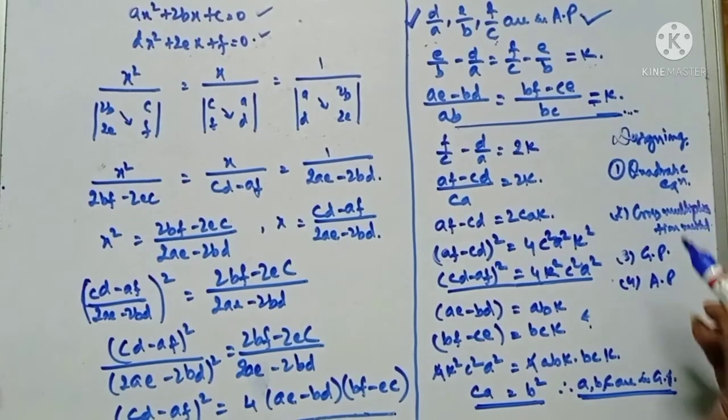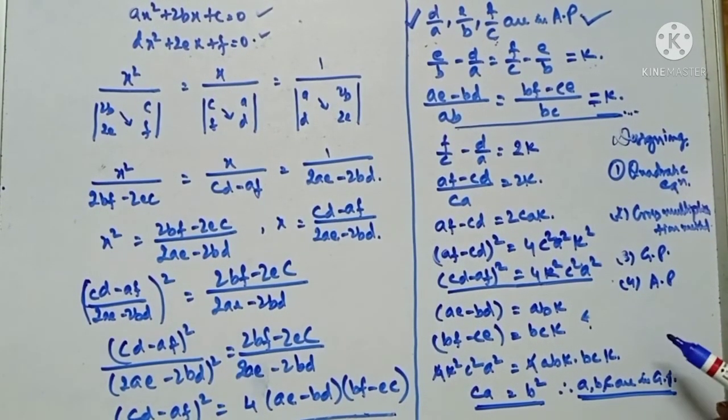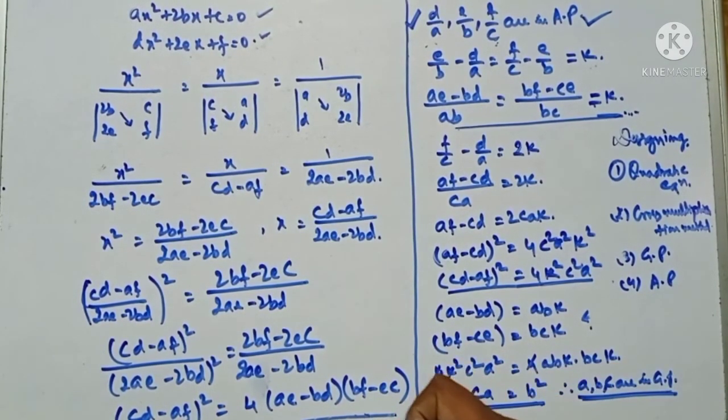So the question has been designed taking all these four topics. So this is really an interesting question, and I have solved it, which was asked by a student. So this is all about it.